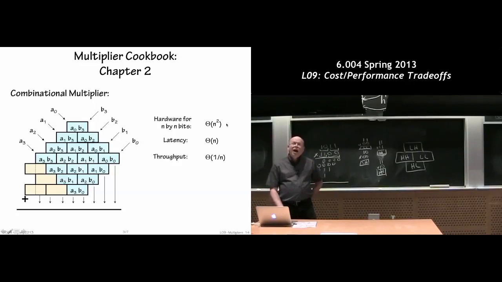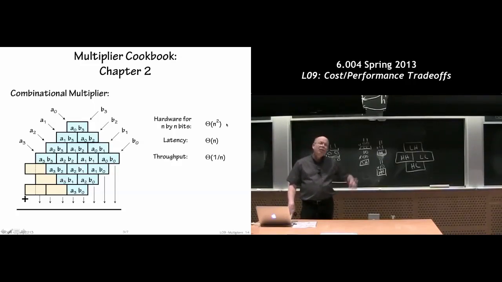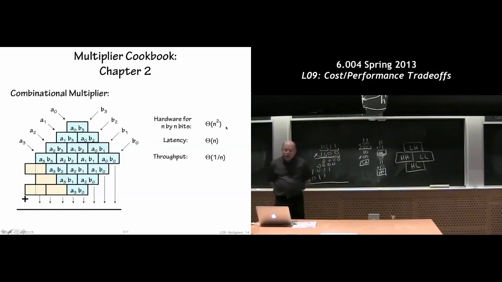And each one has constant cost: one full adder, or two full adders and an AND gate. So the hardware cost for each block is constant, and I have about n squared blocks. So the hardware is n squared. The latency, as we just saw on the previous slide, is order n. And the throughput, because this is a combinational circuit, is 1 over the latency, or 1 over n. We produce one answer every n time units.